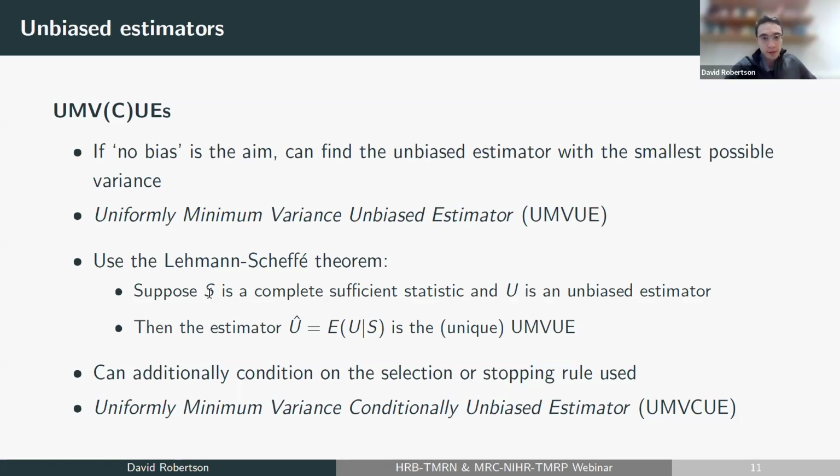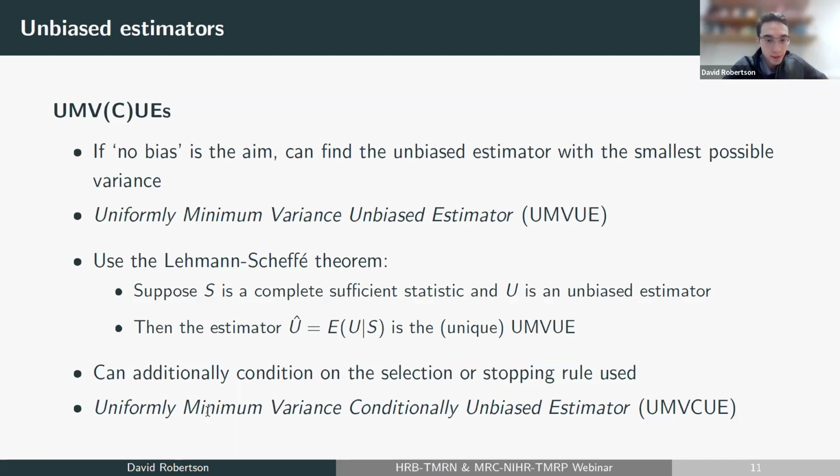If we take an unbiased estimator U and condition on a complete sufficient statistic S, then this theorem tells us that the resulting estimator, the expectation of U conditional on S, is the unique UMVUE. We'll have an example of that later.